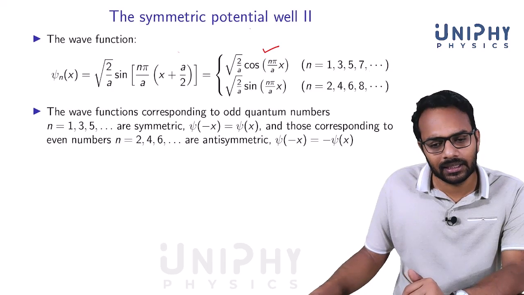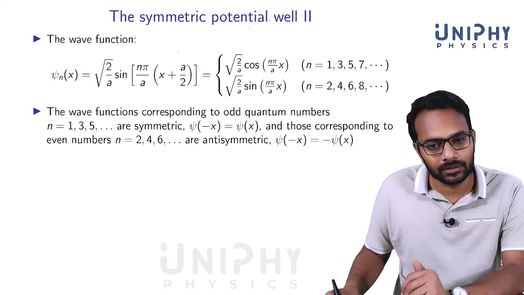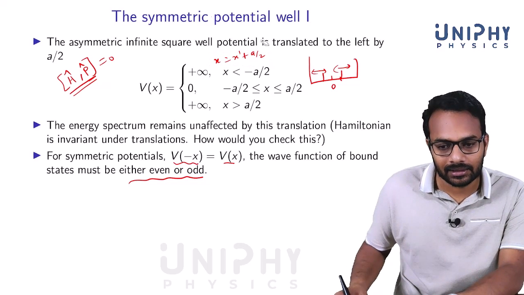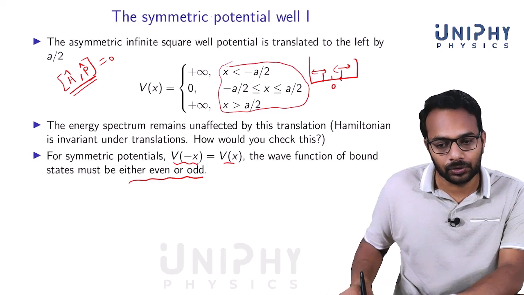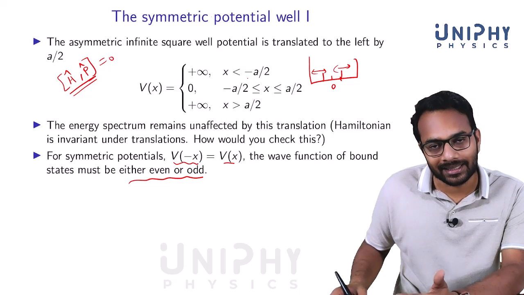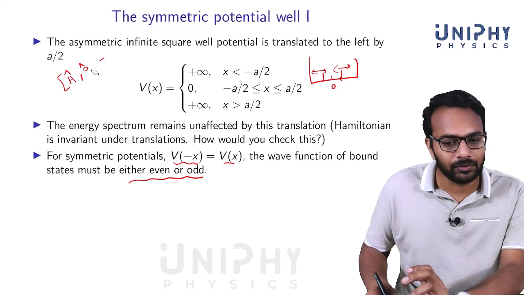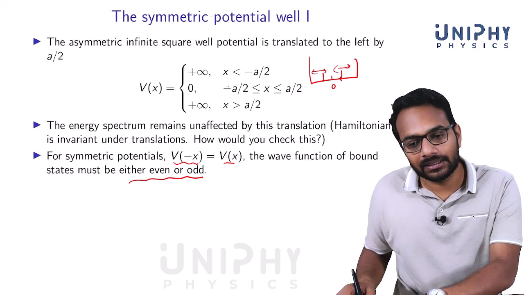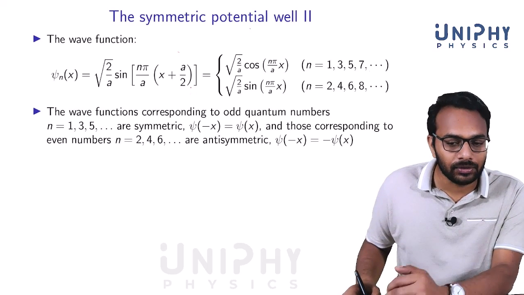It's not difficult, but when the problem is asked in the examination, such problems can be asked. They'll just give you this range, and then you should know which wave function to use. If it's between 0 and a or 0 and L, then you use the wave function for the asymmetric potential well. If it's between minus a and a, or minus a by 2 and plus a by 2, then you have to use this one.